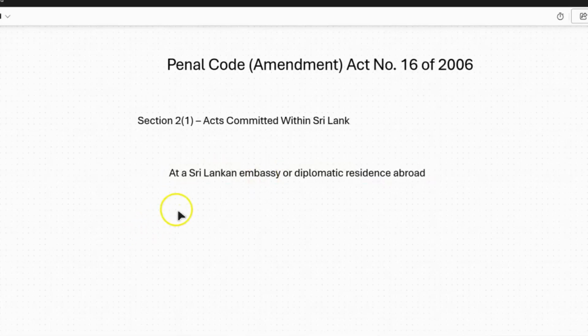The next point, at the Sri Lankan embassy or diplomatic residence abroad. According to this, the offense happens inside a Sri Lankan embassy or the official residence of a Sri Lankan diplomat in another country. For an example, a crime is committed inside the Sri Lankan embassy in India.